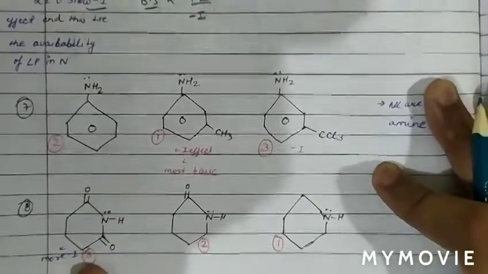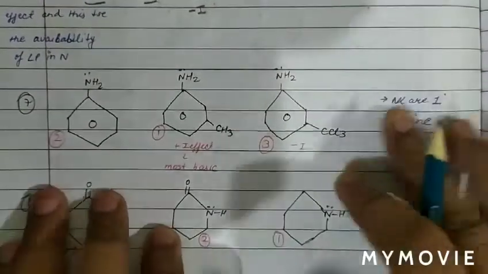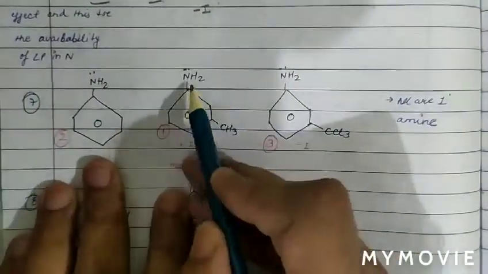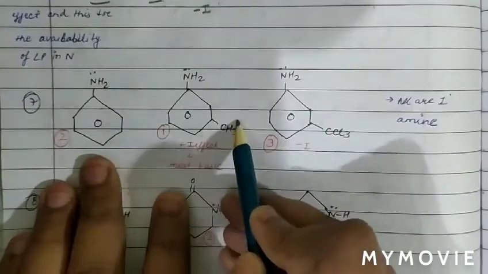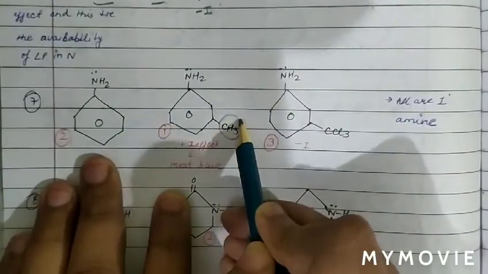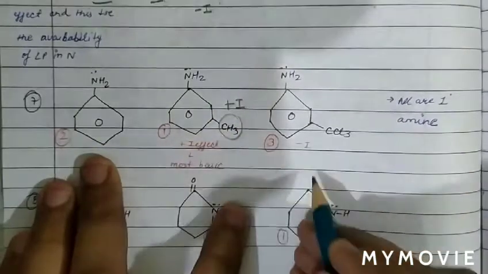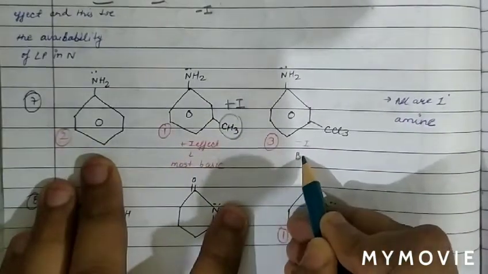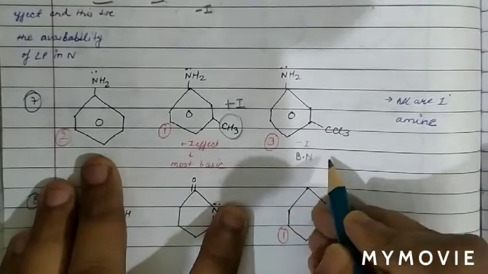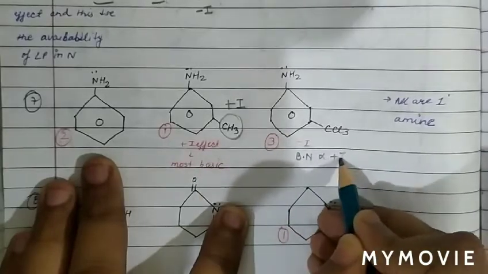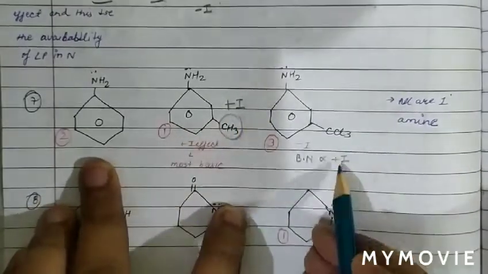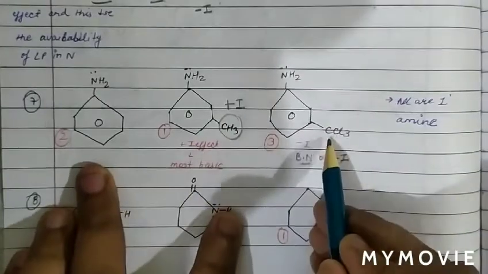Now see the next question. We have to compare the basic strength. Here we can see with respect to NH2, a CH3 group is attached, and the CH3 group acts as a plus I group, and we know a plus I group increases the electron density, so basic nature is directly proportional to plus I. So plus I increases the basic nature.